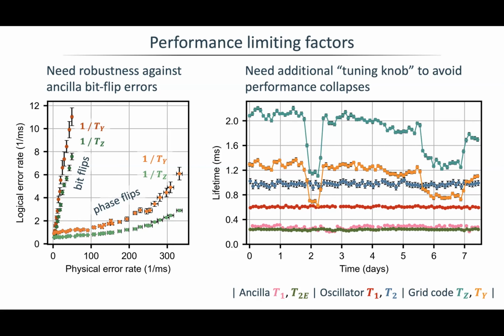The reason is that there is sometimes a TLS that appears close by in spectrum, and sometimes reinforcement learning chooses to not push far in phase space in order to not shift into resonance with this TLS. But when it's not there, it can go all the way. So that's one correlation that we noticed in this training. Otherwise, it's pretty difficult to analyze why it chooses what it chooses.